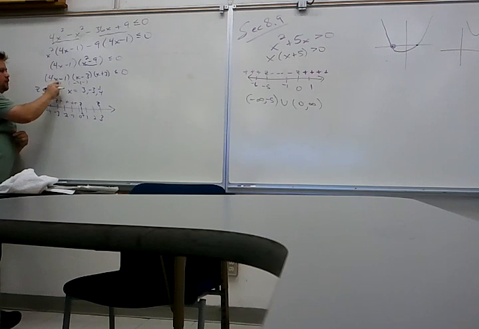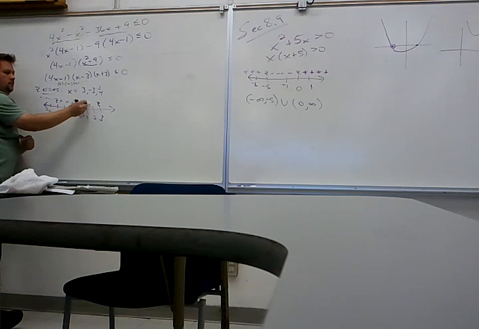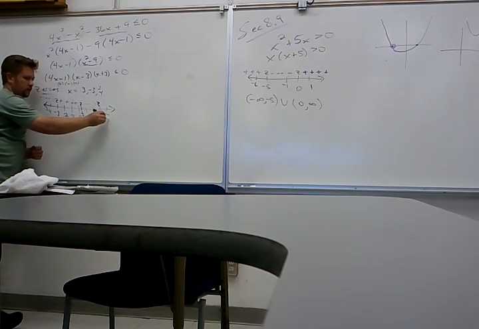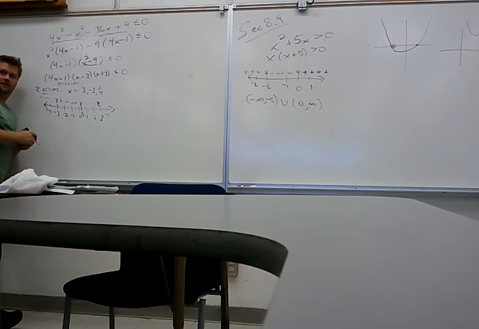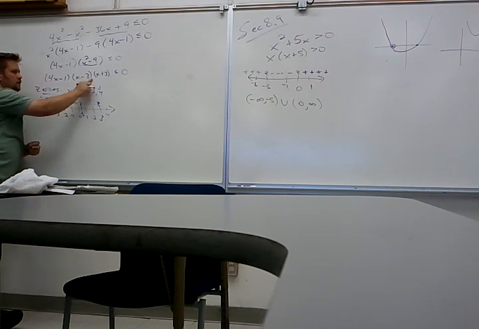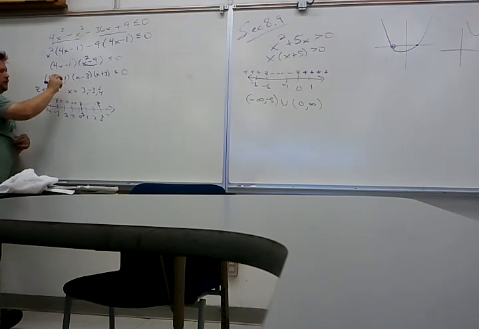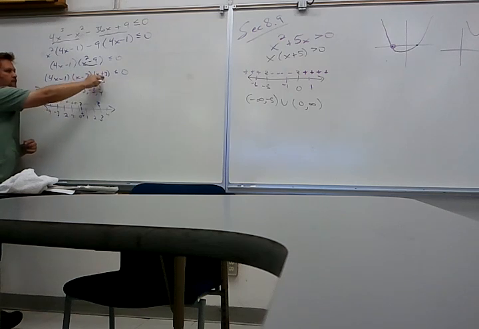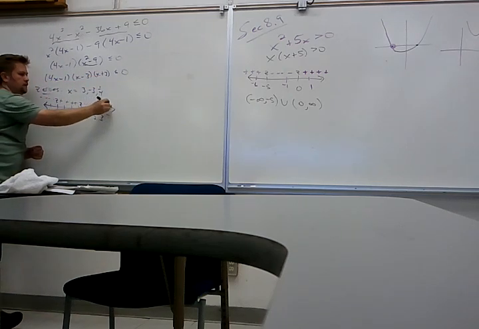If I plug a 1 in, 4 minus 1 is positive. 1 minus 3 is negative. 1 plus 3 is positive, so I get negative. Some of you guys might be able to guess what this is going to be. Positive. See, negative, positive, negative, positive. It's not always going to be like that, so you've got to be careful. When I throw in a 4, I get positive, positive, positive. So sure enough, that's positive.